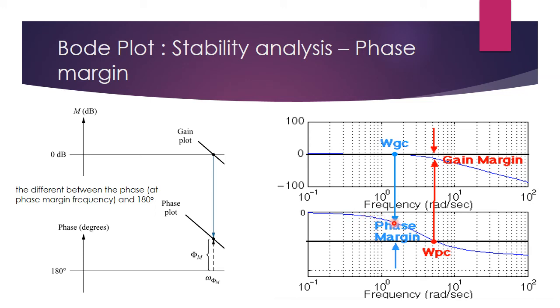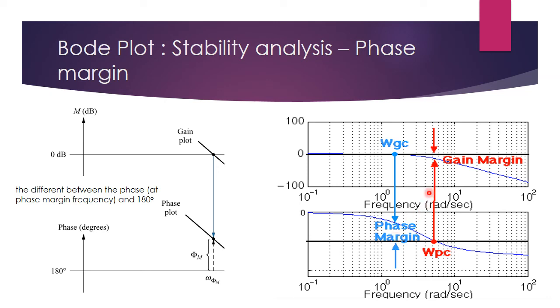Here is the phase shift you have when your input and output are equal. At the beginning you have an output which is a bit higher, now it is equal. So here is the shift when you have unity gain. This is the difference between this phase and minus 180 degrees. This is what we call phase margin.